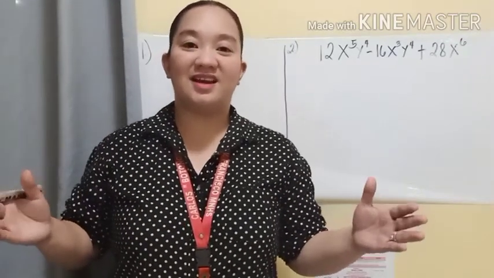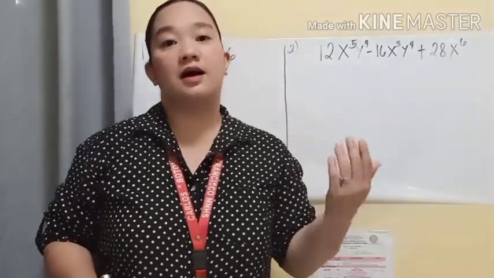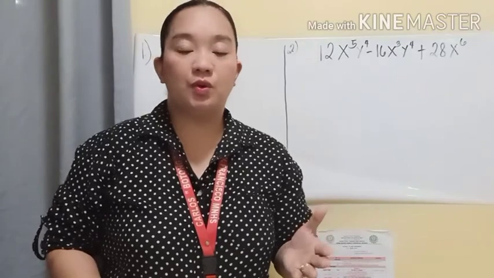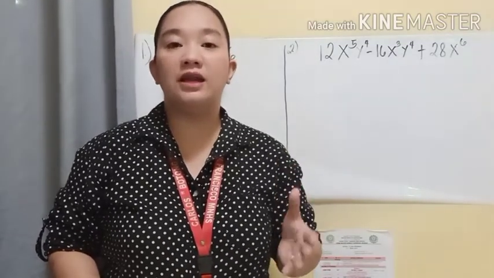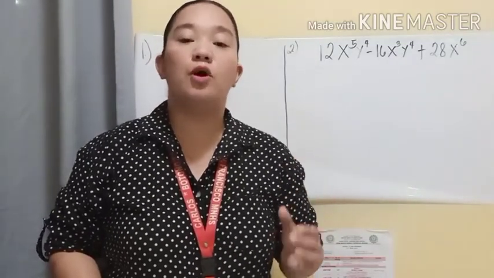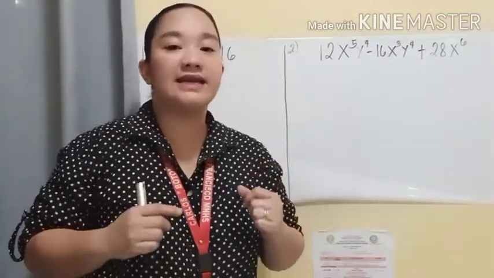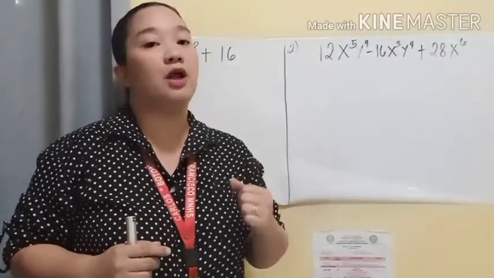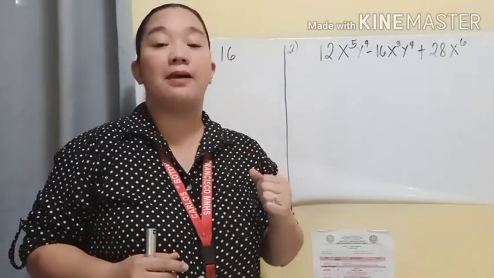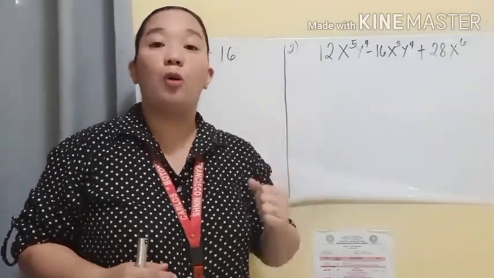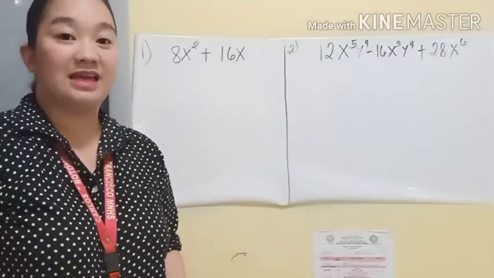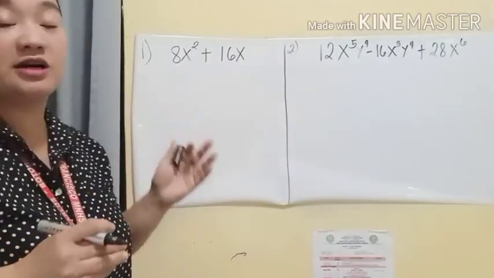Hi! Hello there! In our previous activity, I taught you how to factor polynomial with greatest common monomial factor. Now, I'm gonna give you more example on how to factor polynomial with GCMF or greatest common monomial factor. So let's have our first example.